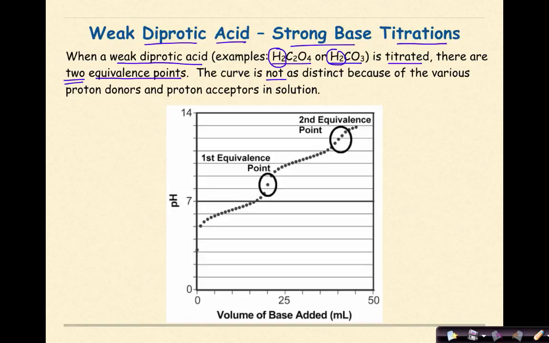The curve is not as distinct because of the various proton donors and proton acceptors in solution. So what we're looking for here is 2 bumps. A bump right here where we lose the first hydrogen, and a bump right here where there's the potential to lose a second hydrogen. We could see an example of 3 bumps in this type of titration curve if we were working with something like phosphoric acid.